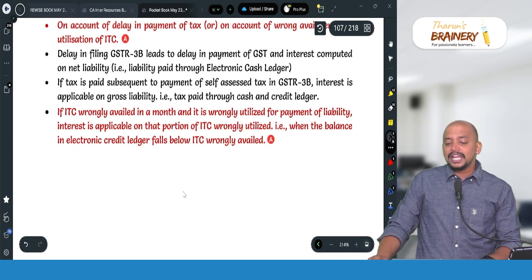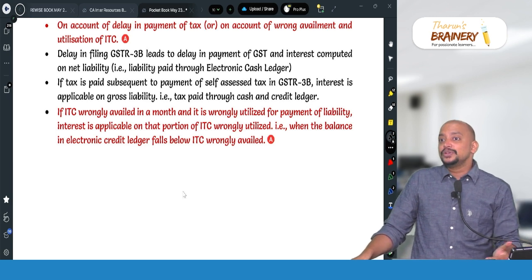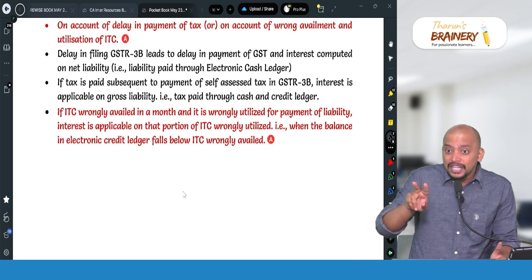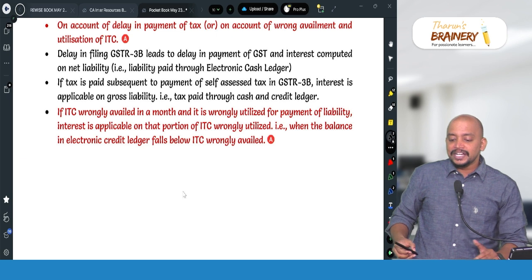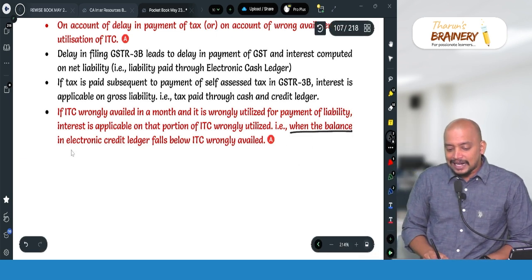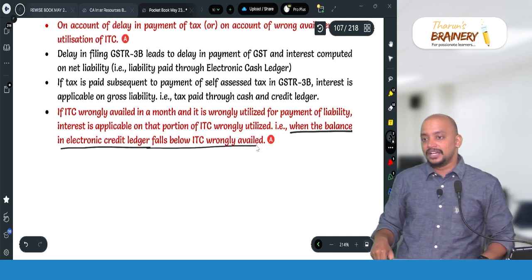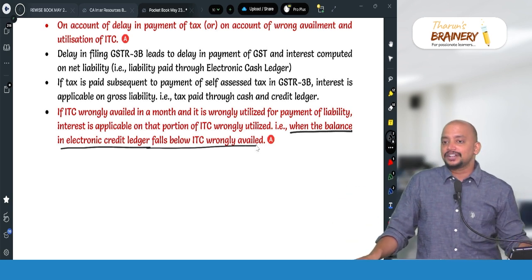Then wrongly availed ITC. If ITC is wrongly availed and utilized, we need to compute interest only on the wrongly utilized portion. So how to identify the wrongly utilized portion? When the balance in electronic credit ledger falls below ITC wrongly availed, to that extent we have utilized the ITC, and on that only interest will be computed.